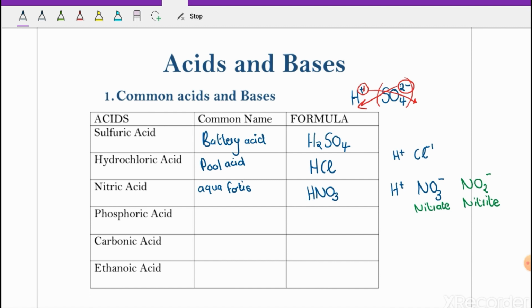Then phosphoric acid is also known as orthophosphoric acid, but in the lab we just call it normal phosphoric acid, and the formula for that is H3PO4, because it contains a hydrogen ion and a phosphate polyatomic anion.